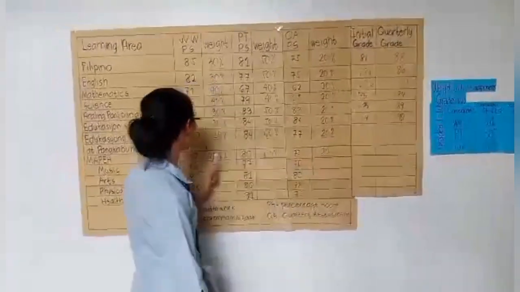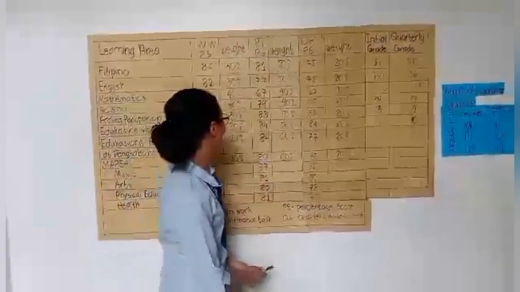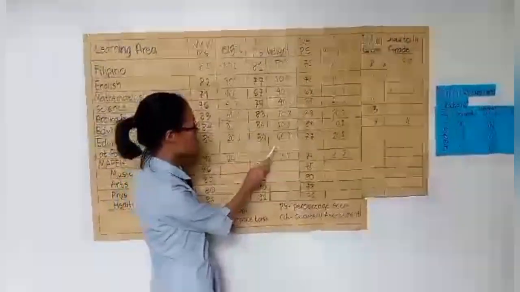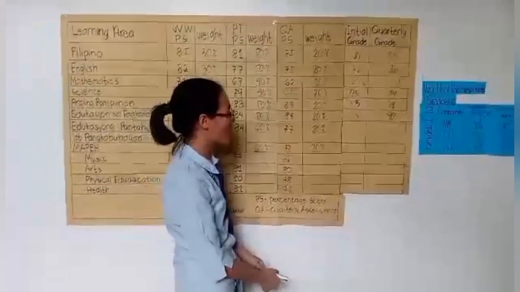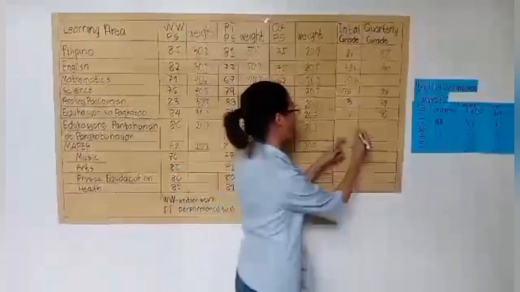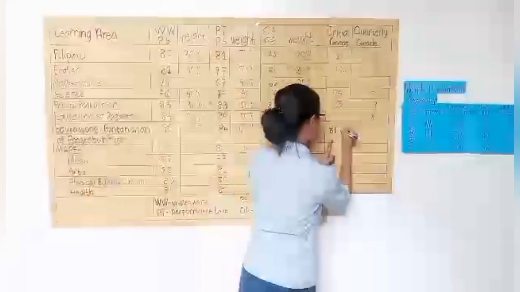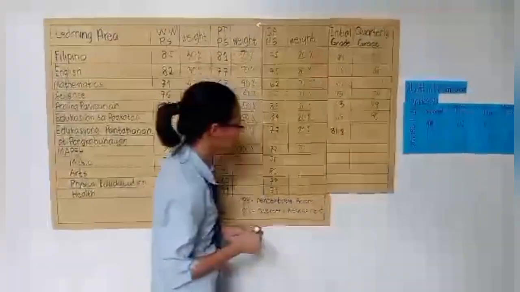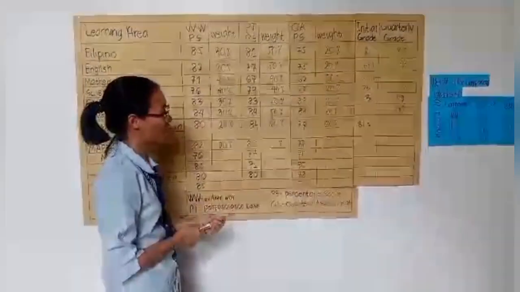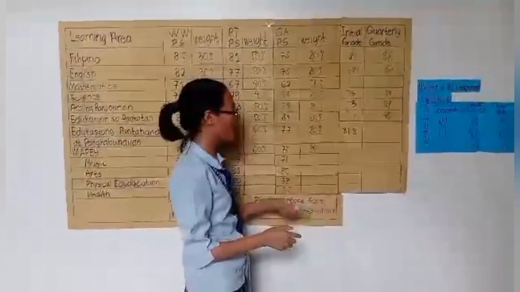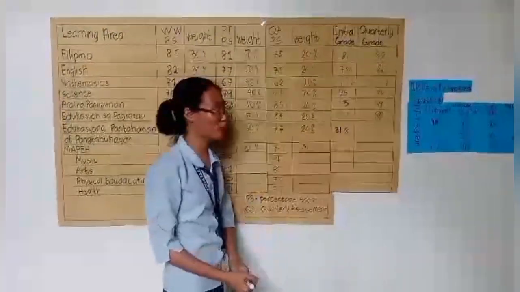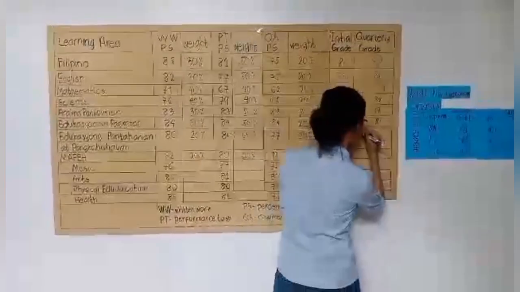So we will add it all up. 16 plus 50.4 plus 15.4 equals 81.8. So this is our initial grade. So based on the transmutation table, 81.8 will be transmuted to 88.